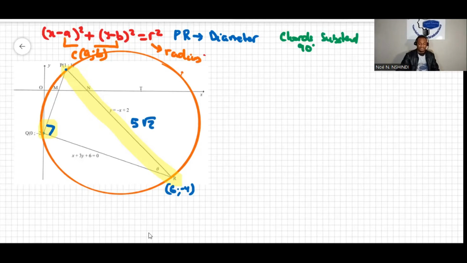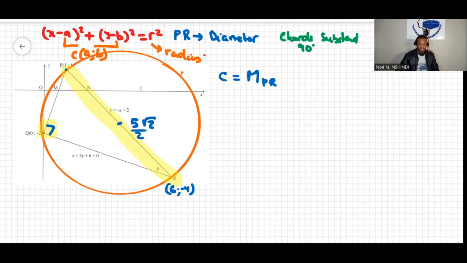The radius is half the diameter, so the radius will be 5 over 2 square root of 2. The center will be the midpoint of PR.